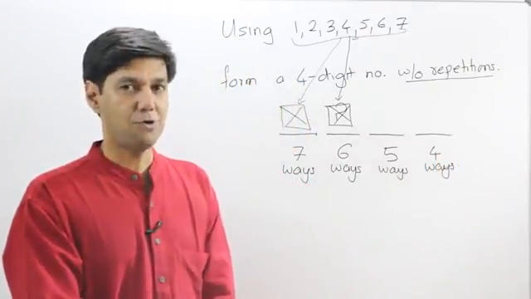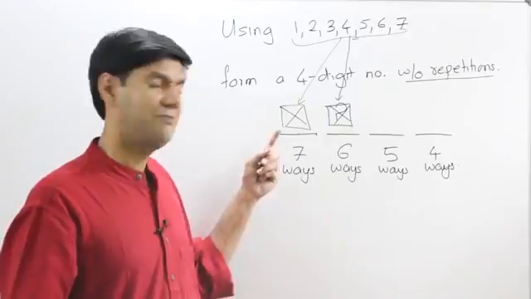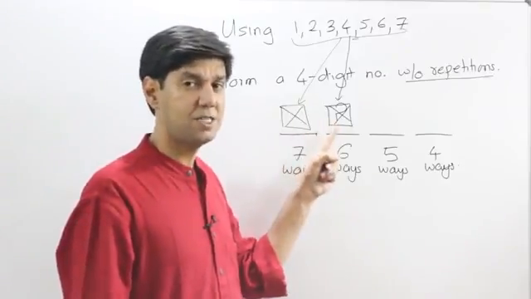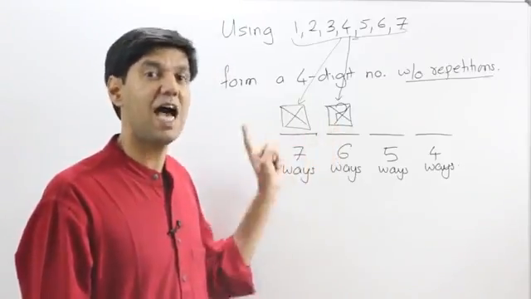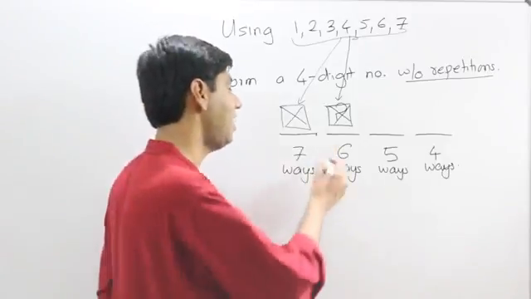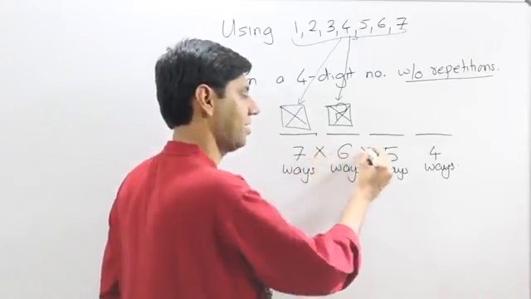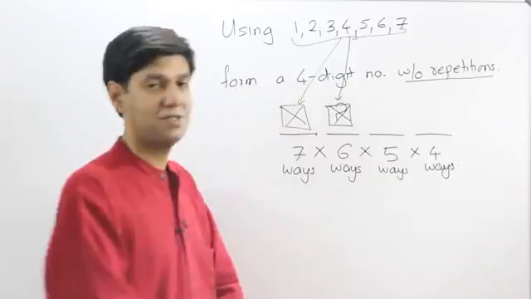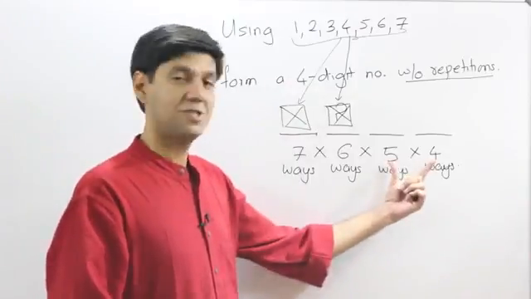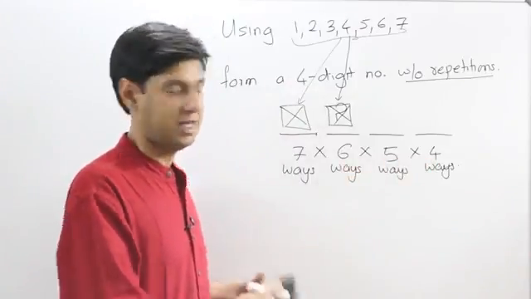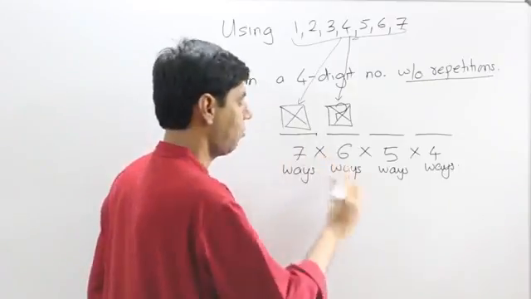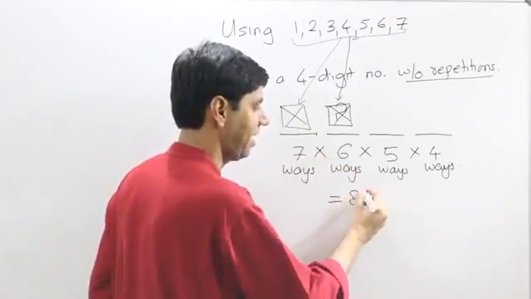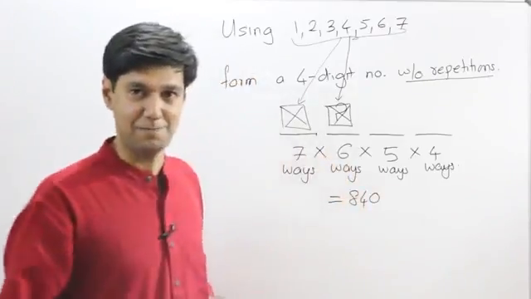Do I add them or do I multiply? Let's ask, am I filling in the thousands or the hundreds position, or am I filling thousands as well as the hundreds position? As well, so that will be the product. So the answer here is 7 into 6 into 5 into 4. 5 4s are 20. 20 into 6 is 120. 120 into 7, 840 will be the answer here.